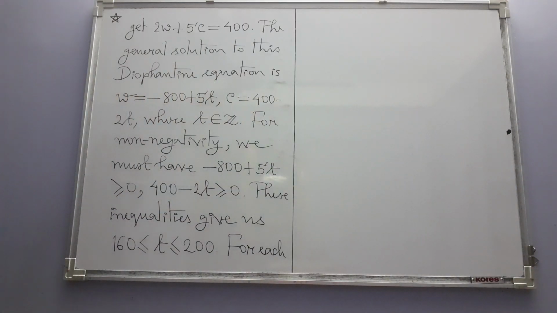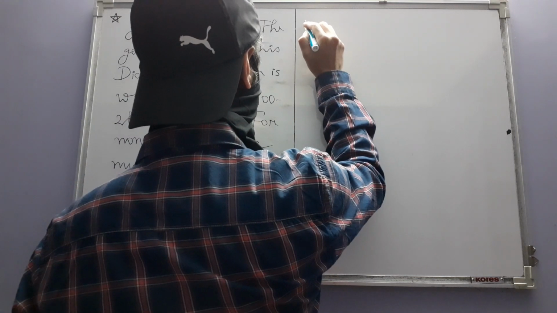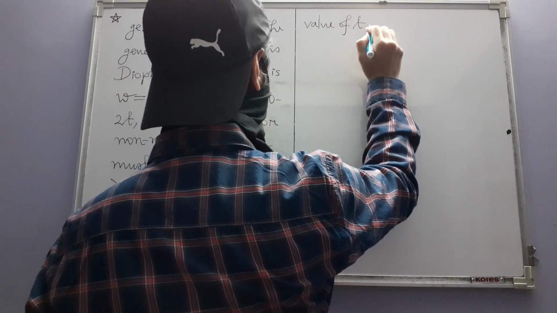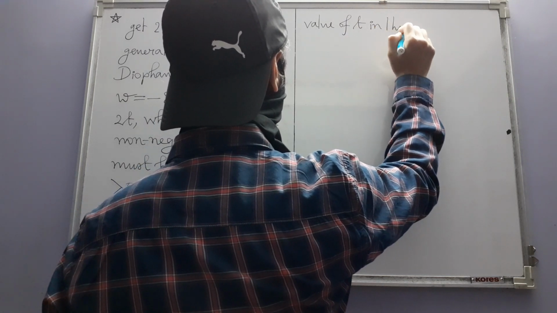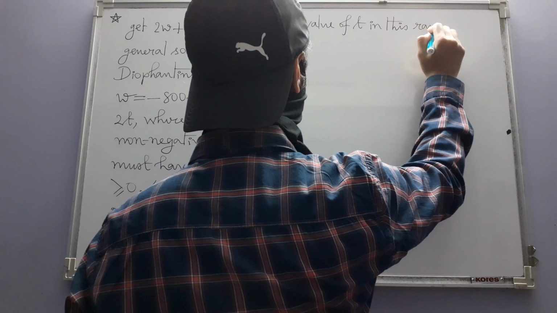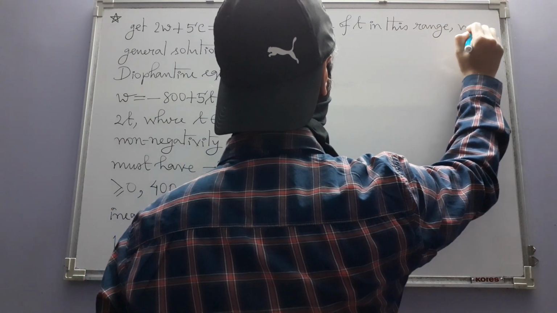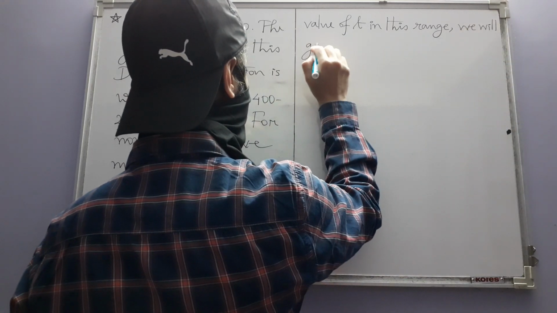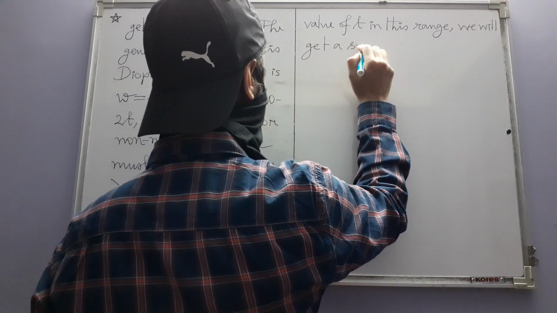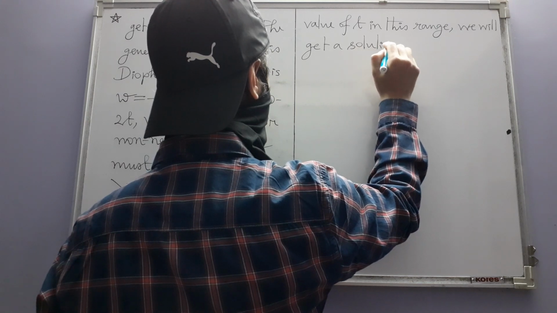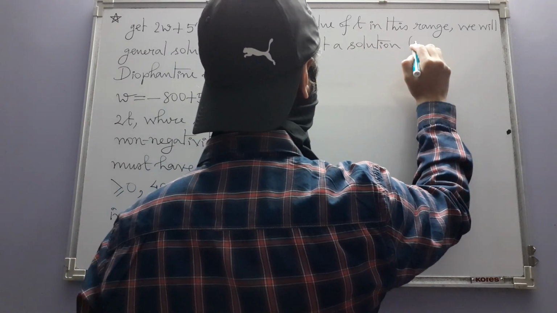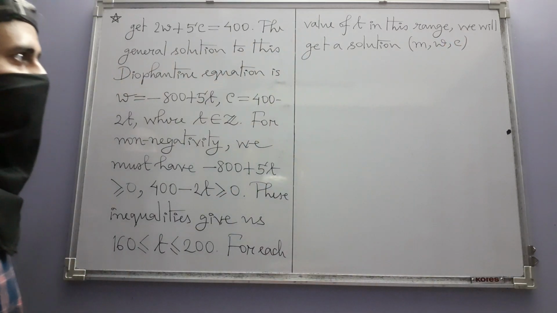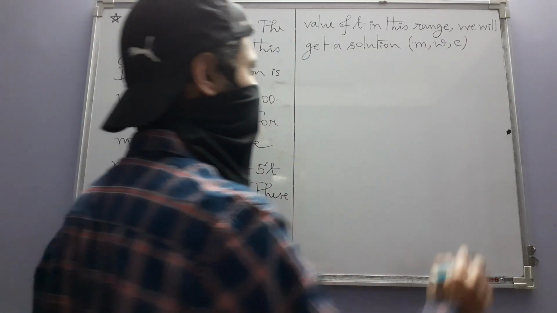So we can write like this: for each value of t in this range, we will get a solution which you can write as a triple of numbers. So that is one solution.